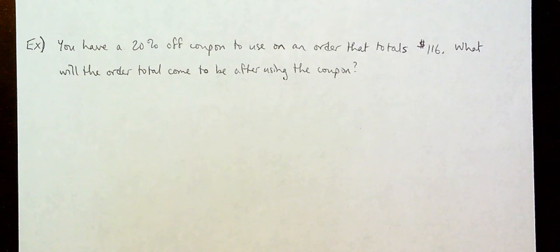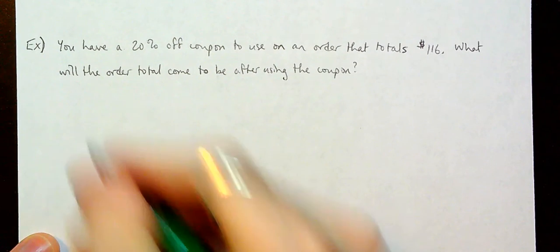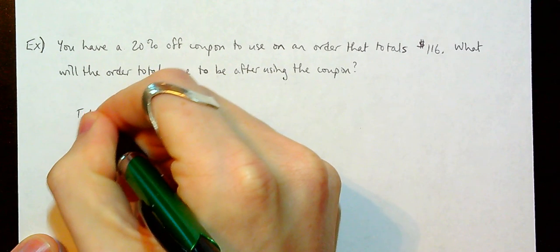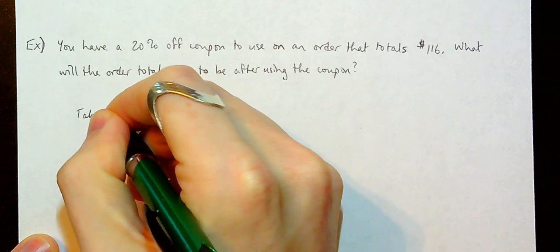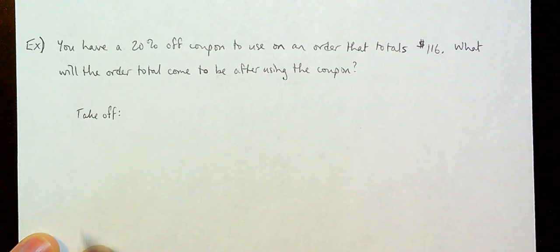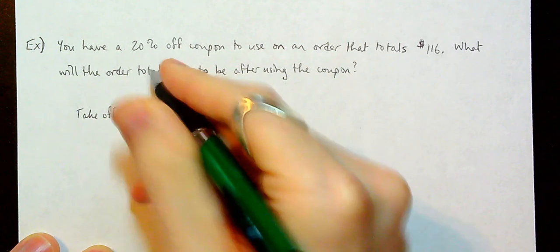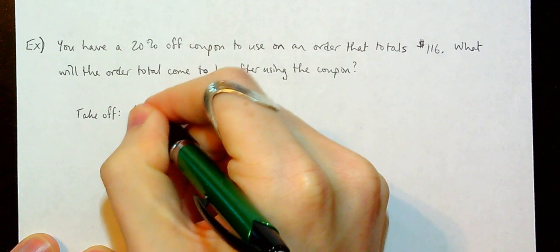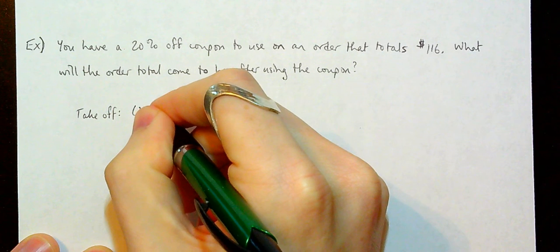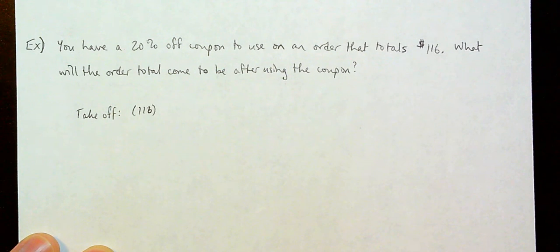So, to figure out how much we are going to take off, obviously, 20% off coupon, 20% off my order. I'm going to take my order of $116. And when you use percentages in this fashion, you have to convert them into decimals first.